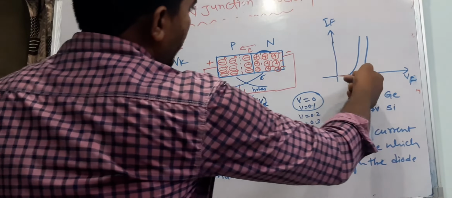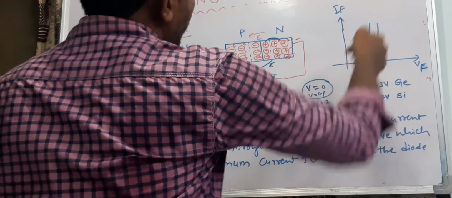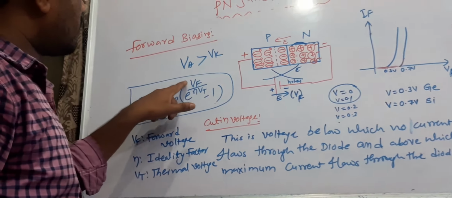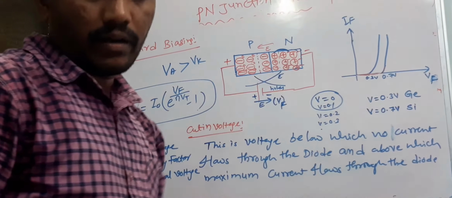That's why I have drawn this graph in an exponential way. If I increase Vf, the e power value will increase in exponential order.